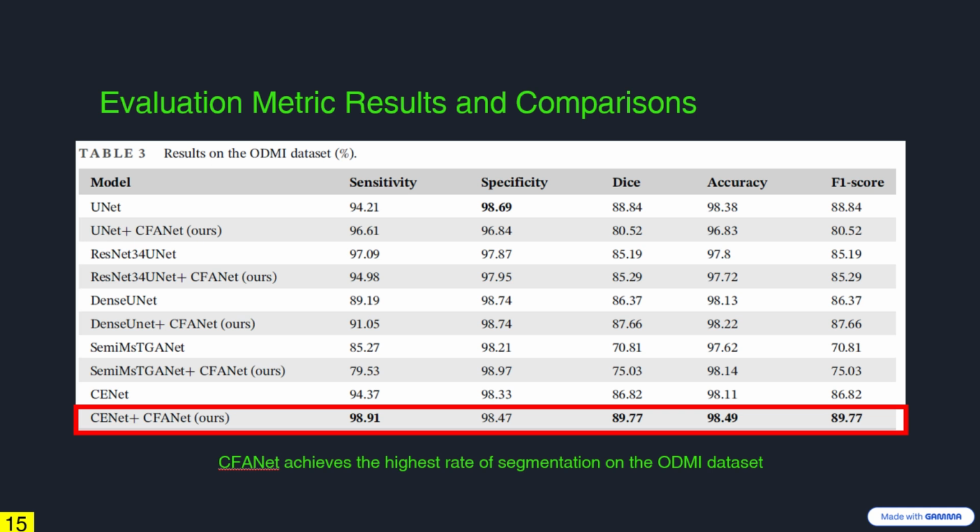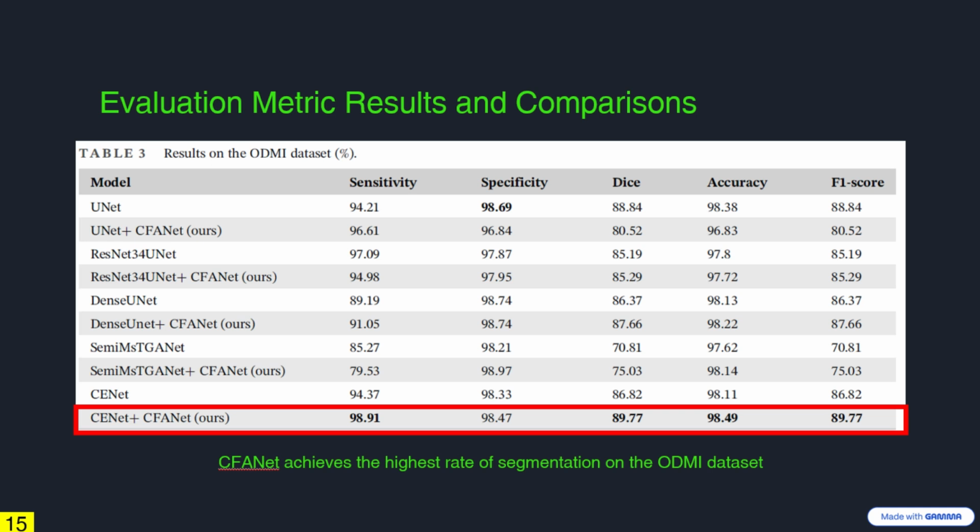After some calculation, now we can evaluate the matrix results and the comparison with the other models, as in Table 3 here. In this Table 3, we can see all the models, including the 5 parameters: sensitivity, specificity, Dice coefficient, accuracy, and the F1 score.